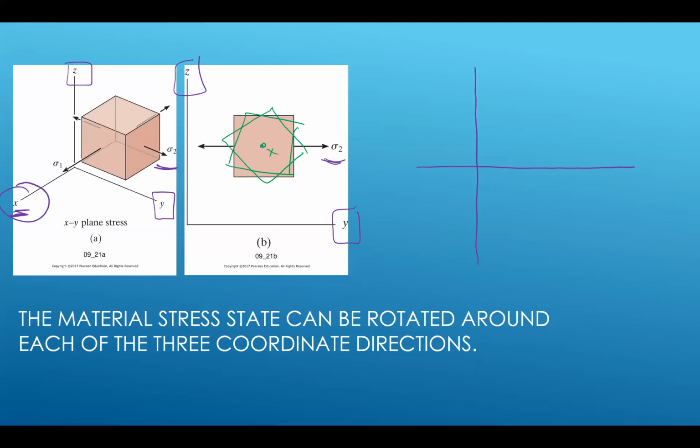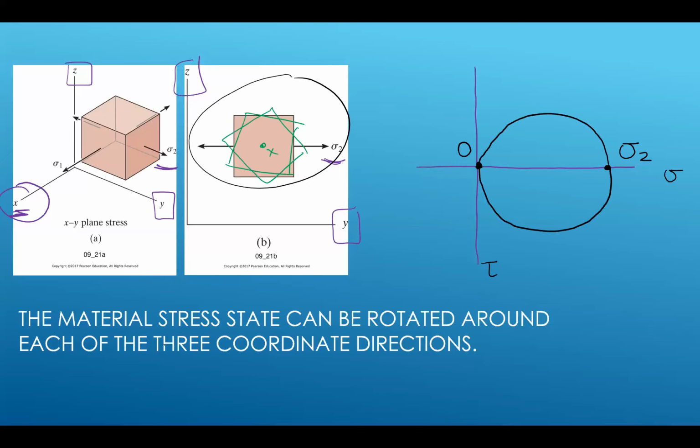So when we do this, our Mohr circle will have a principal stress of sigma 2 and a principal stress of 0. You would agree that this represents a principal stress state because there are no shear stresses acting on it. And in this principal stress state, we have normal stresses of sigma 2 and 0. Therefore, this becomes our Mohr circle.